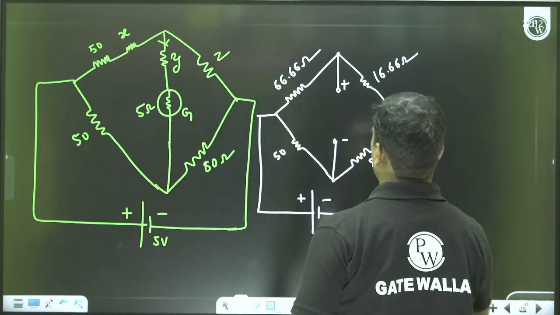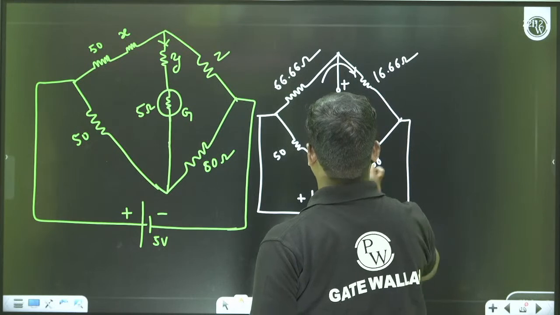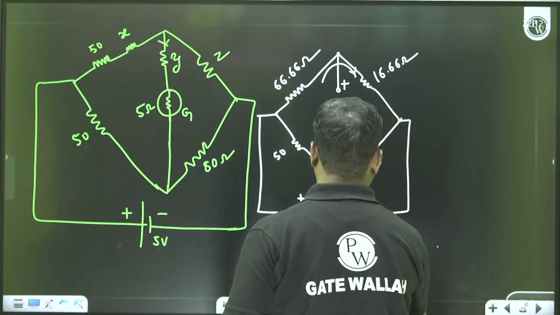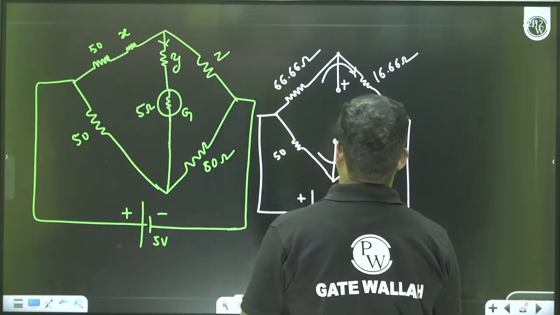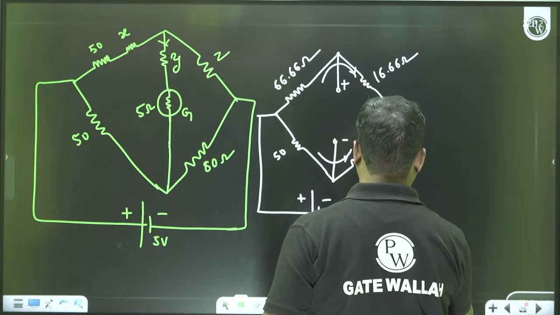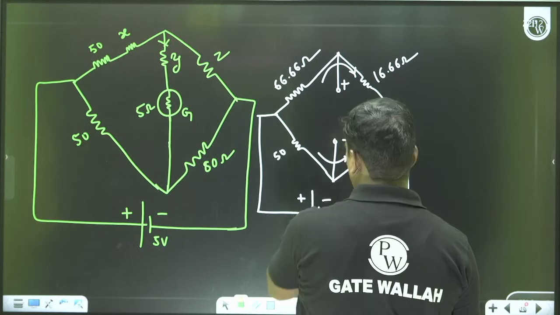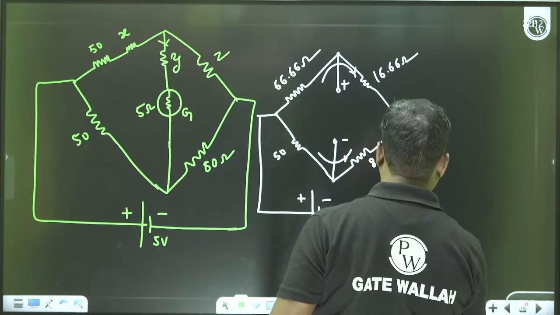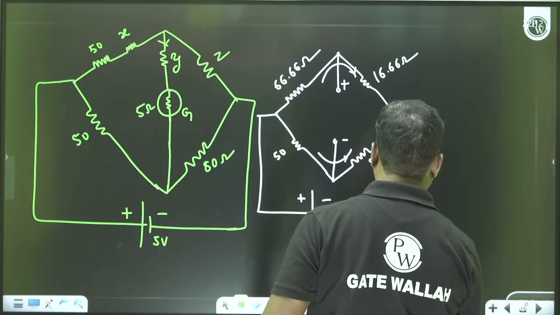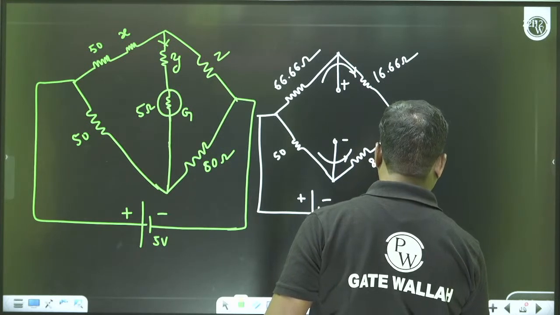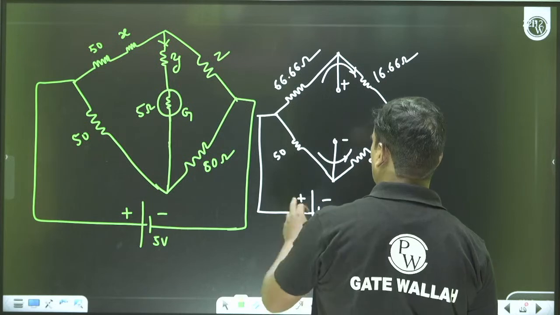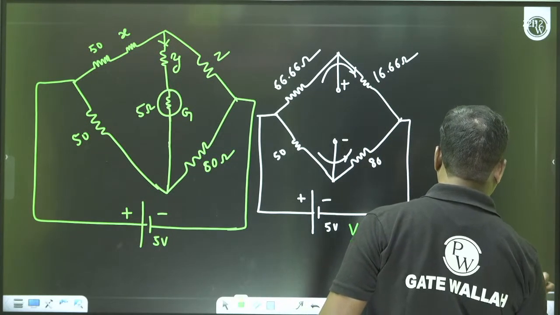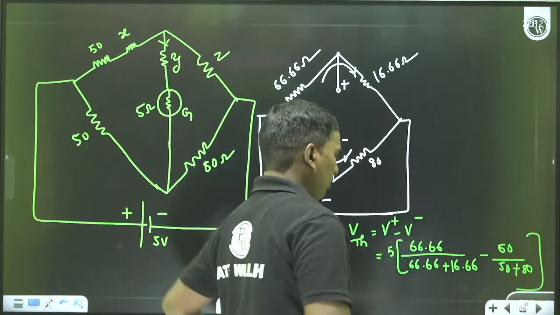So these two are in series. These two are in series. So V Thevenin we can find out, V plus minus V minus, that is 5 into 66.66 divided by 66.66 plus 16.66, minus 50 by 50 plus 80. Okay, simplify this.